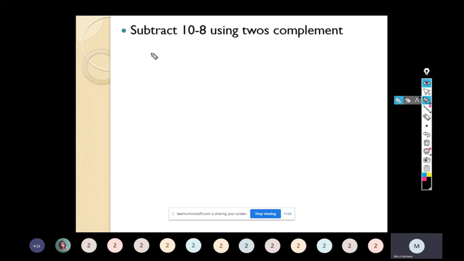Yes, now for 8, the binary value will be 1000. For this 1000, the 1's complement will be 0111.